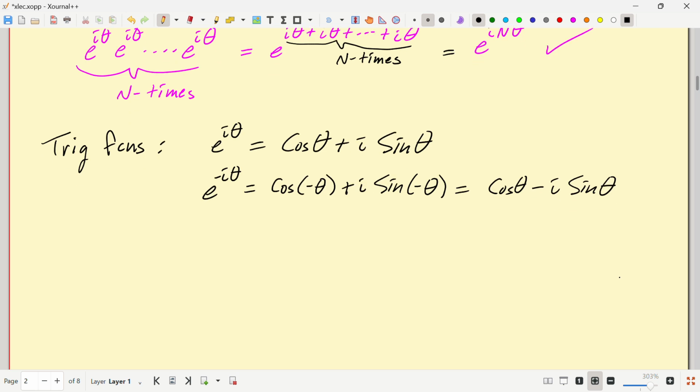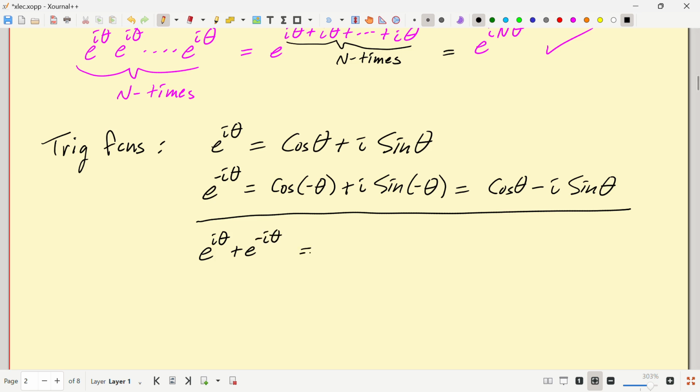Okay. And you look at that for 10 minutes and realize, aha, if I add those together, the sines cancel, and I get that e to the i theta plus e to the minus i theta equals 2 cosine theta. So that's if I add them together. If I subtract them, then I get e to the i theta minus e to the minus i theta equals 2i sine theta.